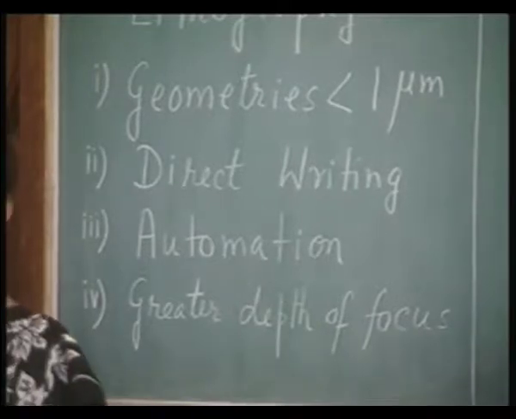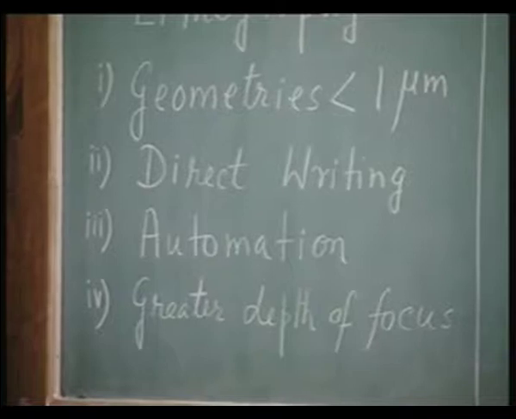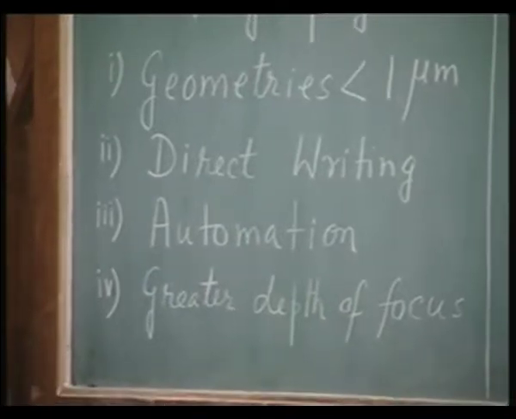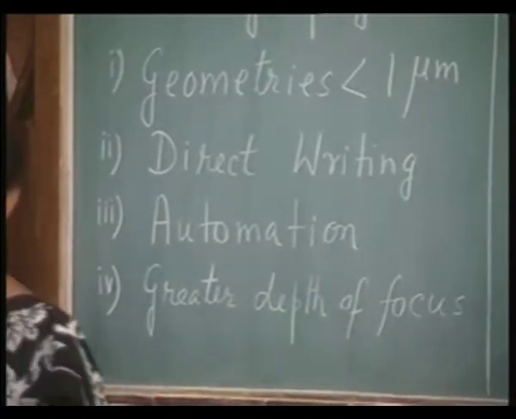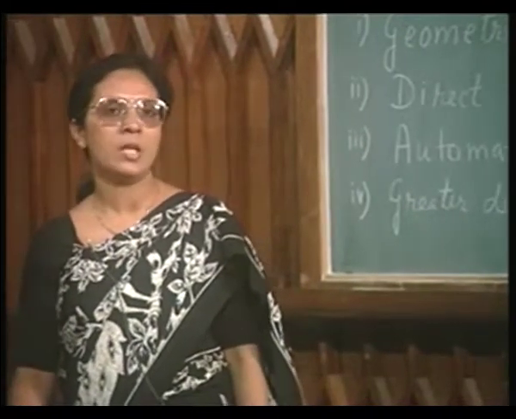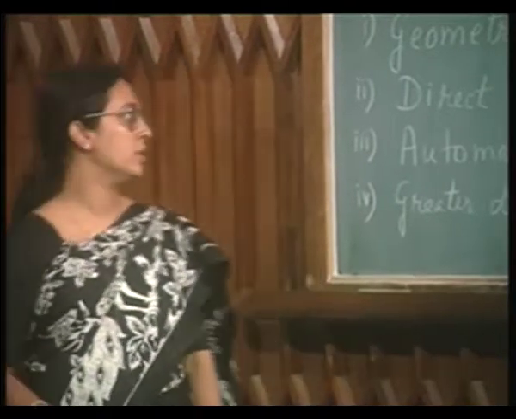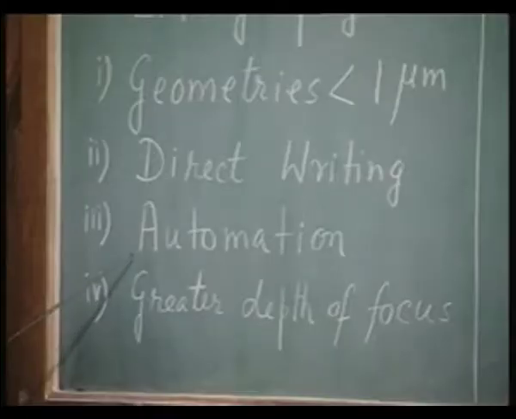By direct writing, we mean that unlike in optical lithography, in E-beam lithography, we do not really need any mask. It is a maskless lithography in which the pattern can be directly written on the substrate, and this obviously facilitates the automation of the lithographic system.